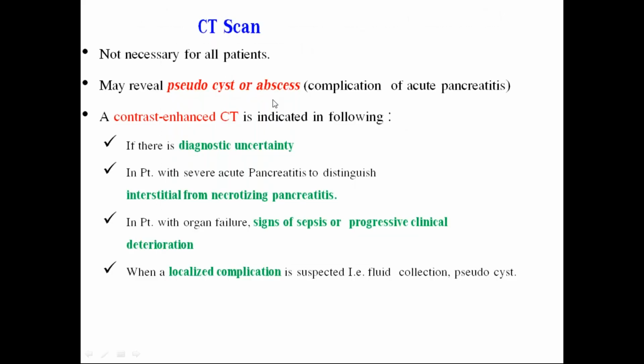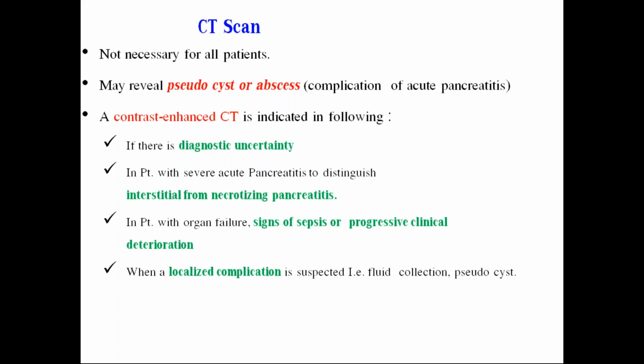It may reveal various complications and helps in identification of the etiology. Contrast enhanced CT scan is the gold standard for diagnosing pancreatitis, and it should be taken roughly after 72 hours. In early cases, in patients who present early to the emergency department, the CT scan is of minimal use. For the findings to be well appreciated, it roughly takes about 72 hours.